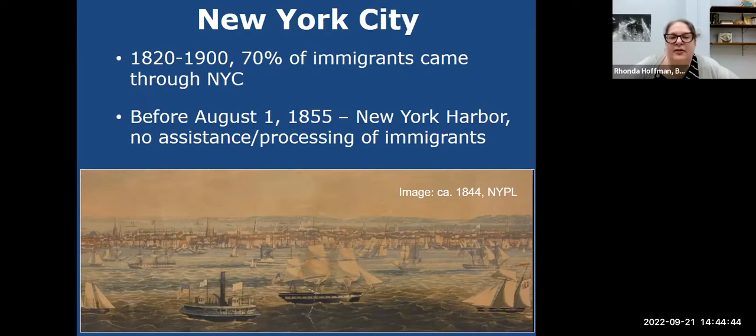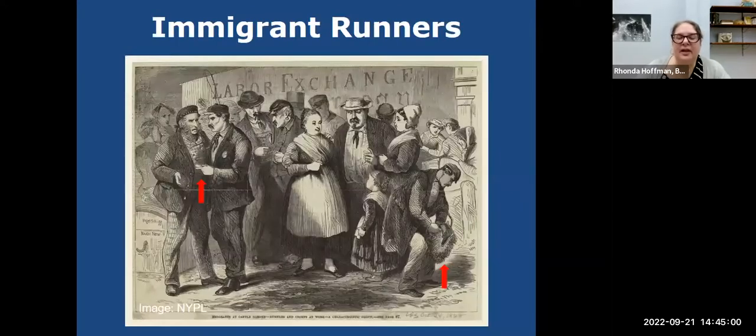So before August 1st, 1855, your ancestor would have come into New York Harbor. There was no assistance to immigrants. There was no processing of immigrants. You would just come into the US. Unfortunately, there were a lot of problems. A lot of immigrants were taken advantage of.